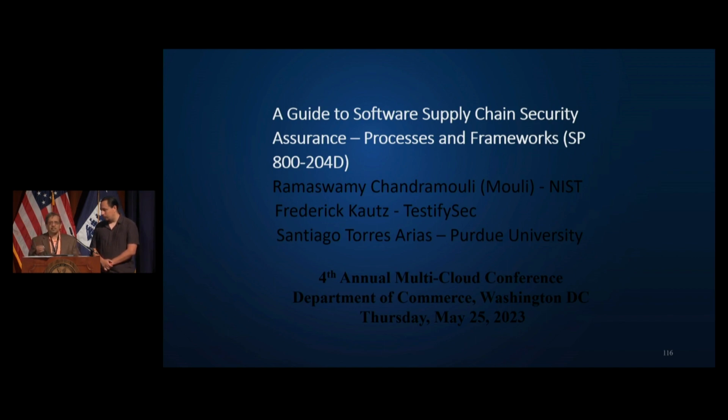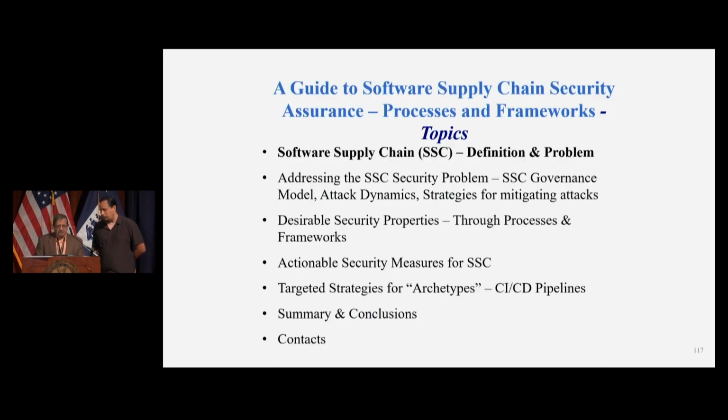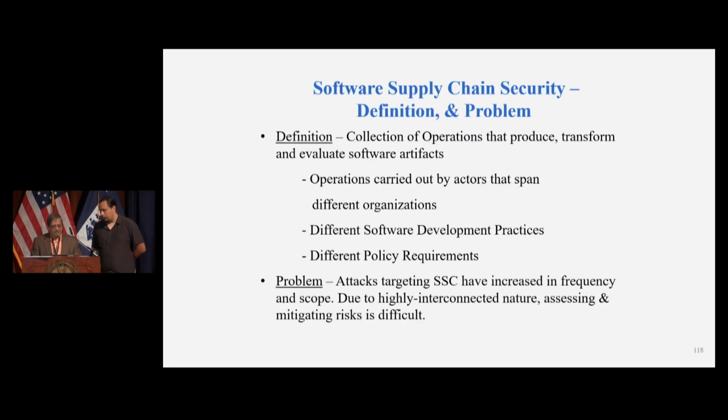We wanted to first understand the semantics of what a software supply chain is, and then go on to how you can utilize the various processes and frameworks that are under development, some of which have reached a certain level of maturity as well. So we will first get into the definition and the problem.